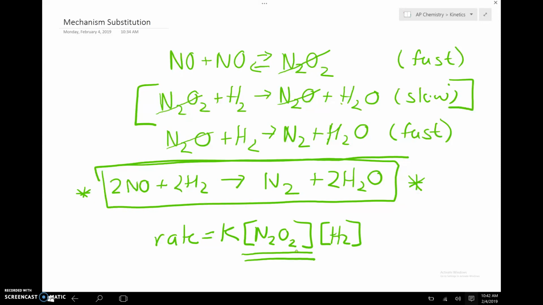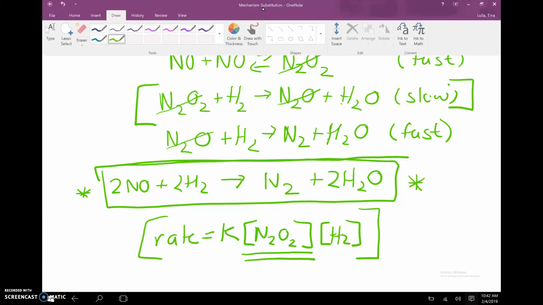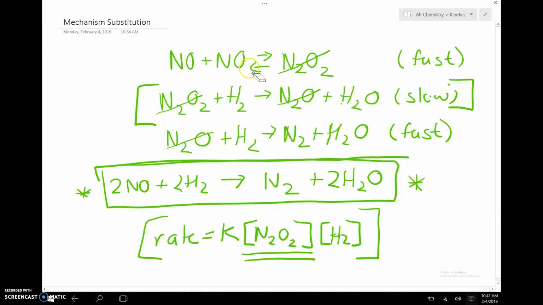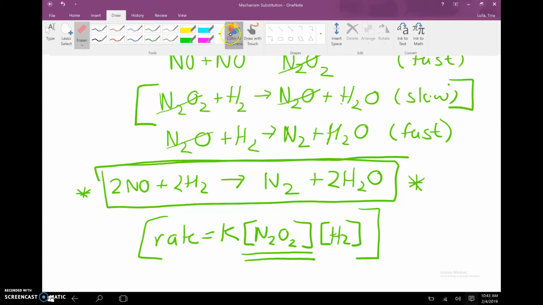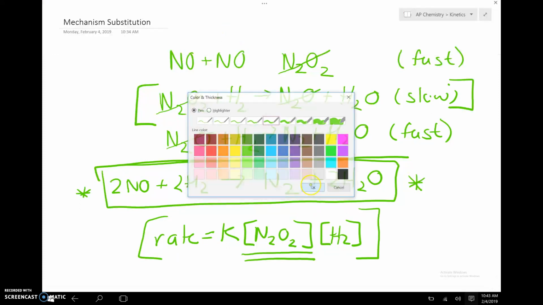So if this was my rate law right here, and there was no intermediate, if this was my rate law and there was no equilibrium step in my mechanism, so that would look like this. Let's say this reaction didn't have this equilibrium step, if it just had a single arrow.